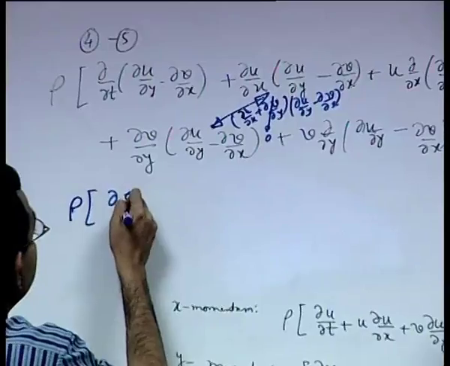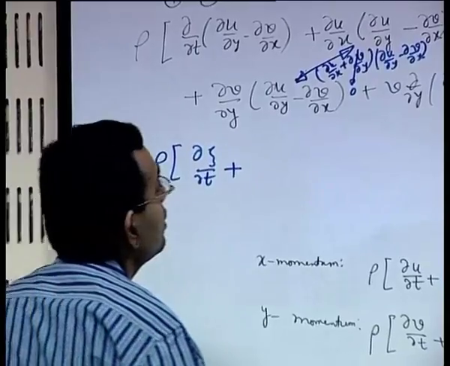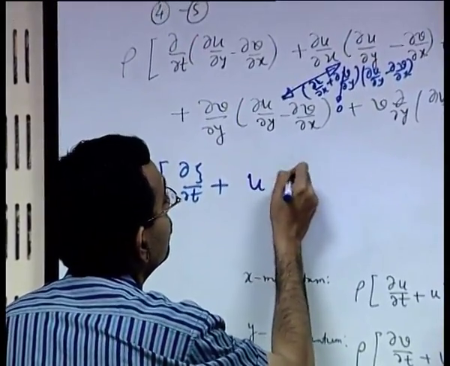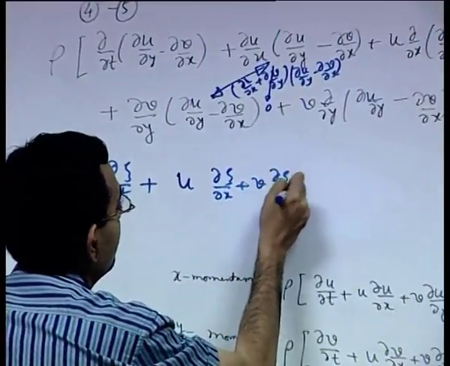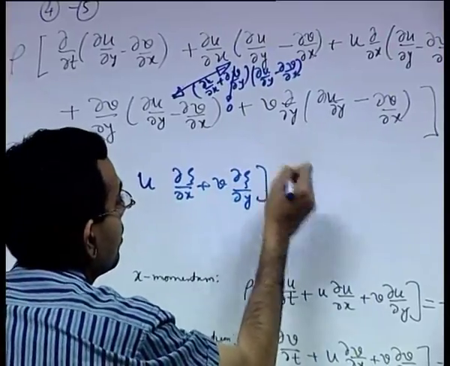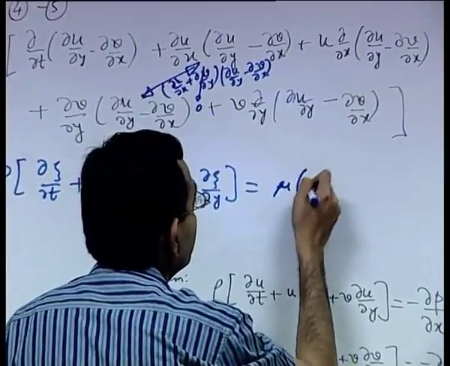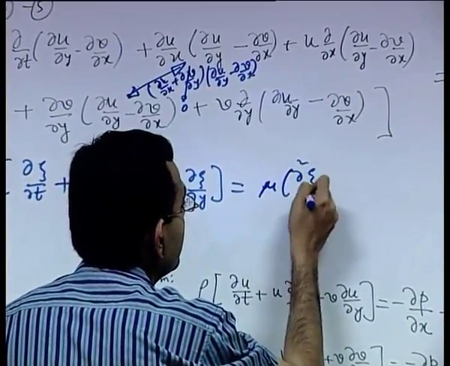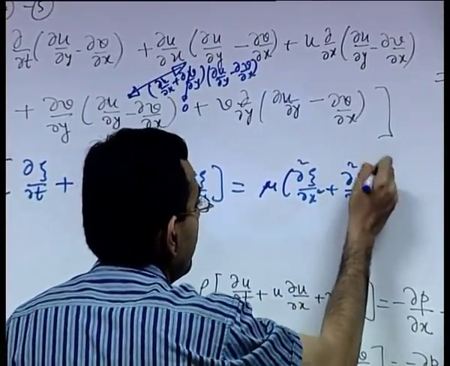So, if we take it in this particular form, still it is the same. So, it becomes rho del zeta del t plus u del zeta del x plus v del zeta del y is equal to mu del 2 zeta del x 2 plus del 2 zeta del y 2.